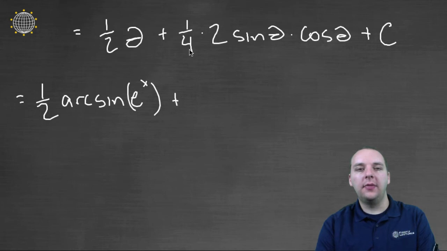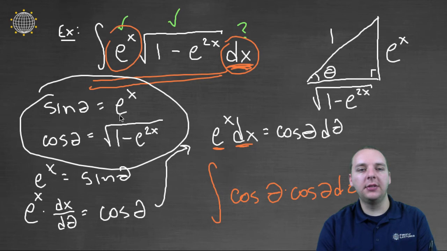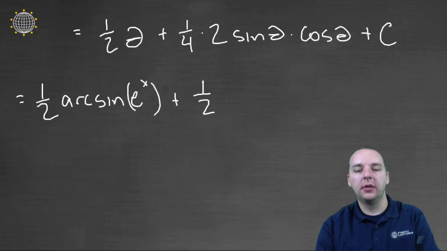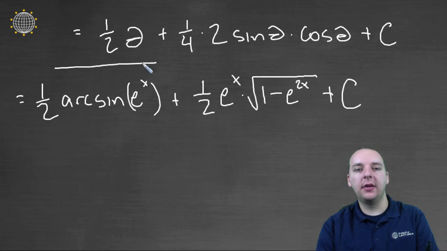And then we'd have a fourth times 2, which would be a half. Sine theta is by definition e to the x, and cosine theta by definition is the radical expression. So we have e to the x times the square root of 1 minus e to the 2x plus c. Right? And this is our final answer.